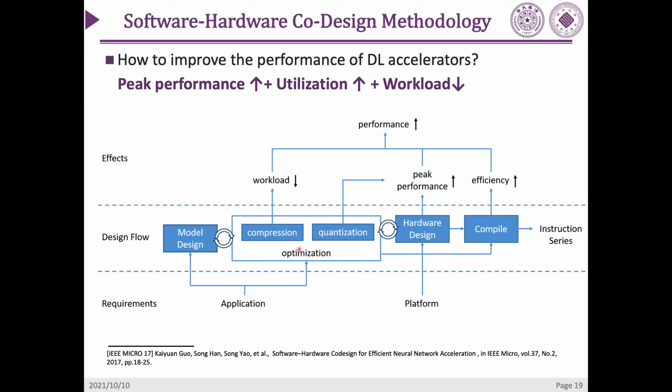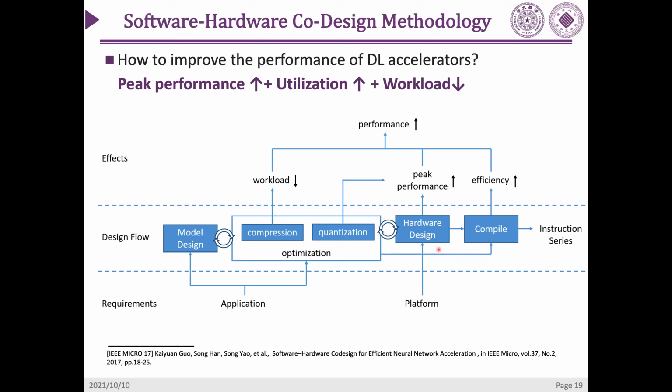And then after optimization, you design your hardware and do the optimizations between the software and the hardware. And after the hardware design, you need to compile the neural network model into different instructions and put it onto the hardware.